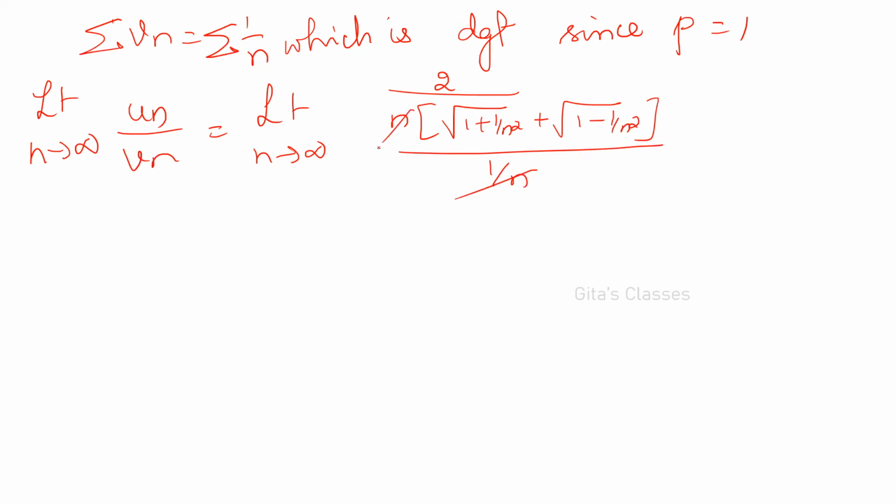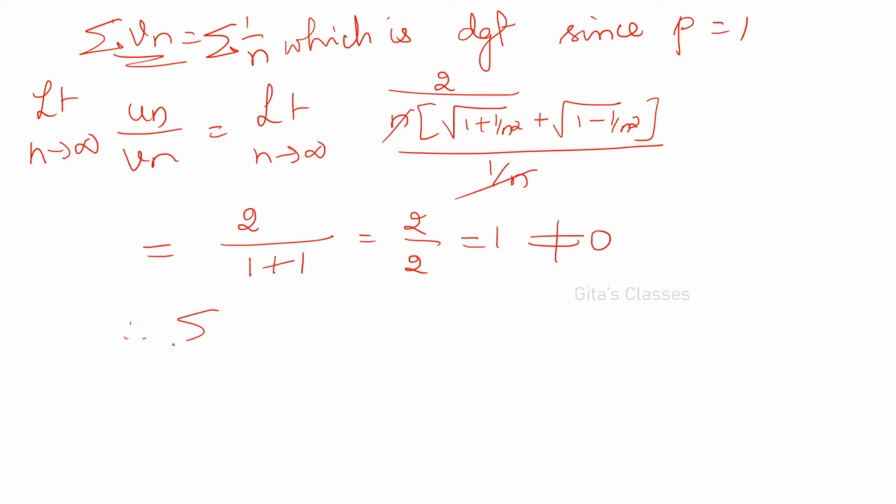So 1 by n will get cancelled, and when you apply the limits here, 2 will be there, divided by root of 1 plus 0 plus root of 1 minus 0, that is also 1, which is 2 by 2, which is equal to 1. It is a non-zero finite value, we have proved. Hence, if it is non-zero, then depending on whatever is sigma vn, the same holds for sigma un. Now we know sigma vn is divergent, therefore sigma un is also divergent.